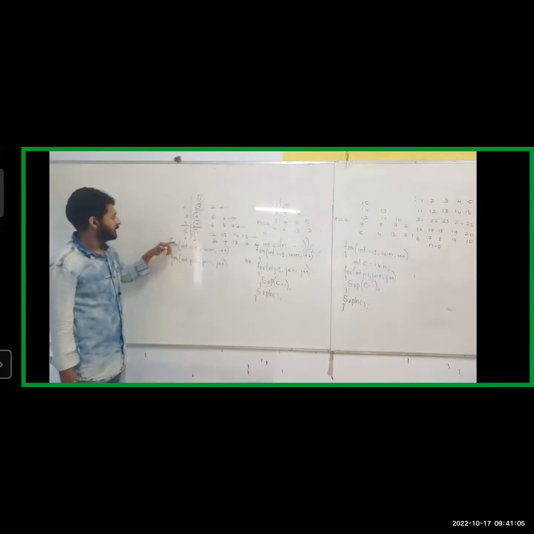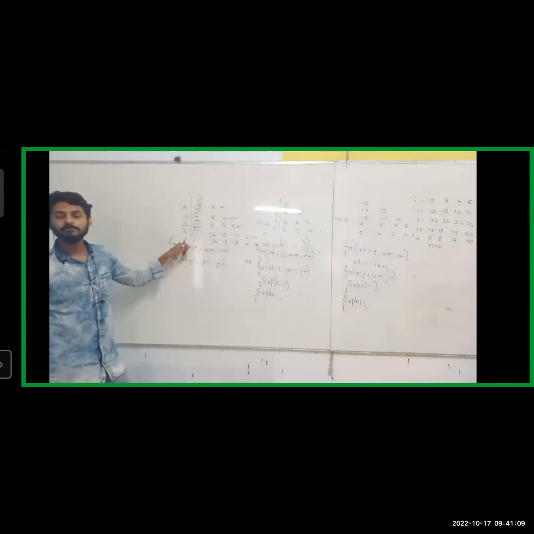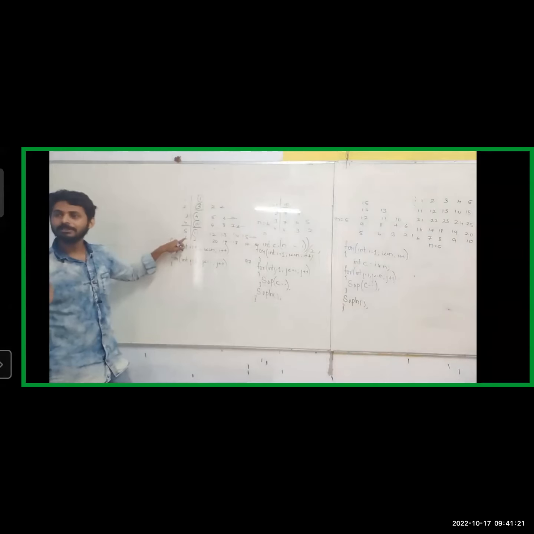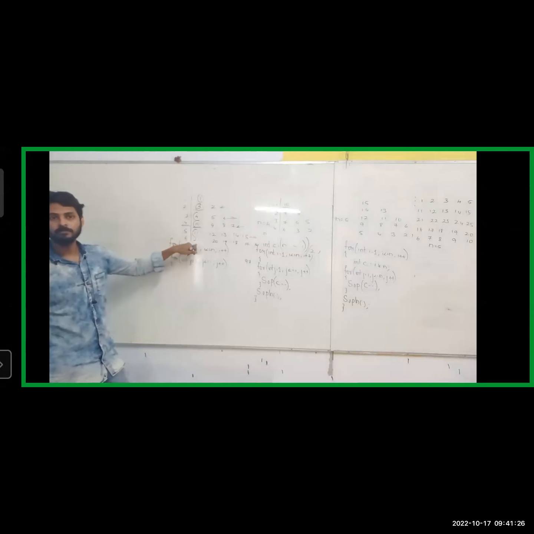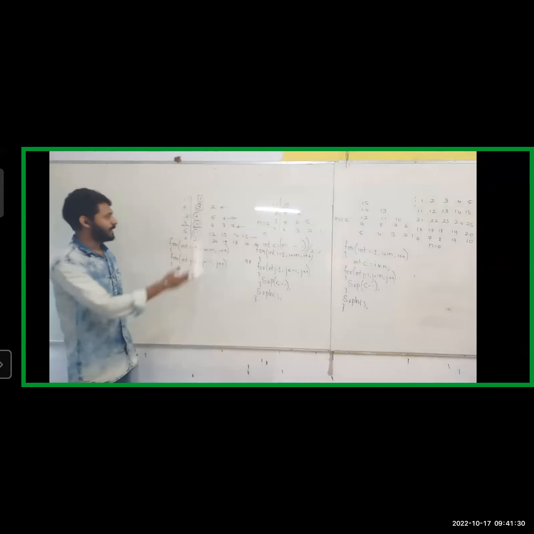Yes. 6 into 7, 42 it will become. 3s are 6, correct only. 7 5s are 35, 7 6s are 42. 42 by 2, you will for sure get it, because basically what is this?